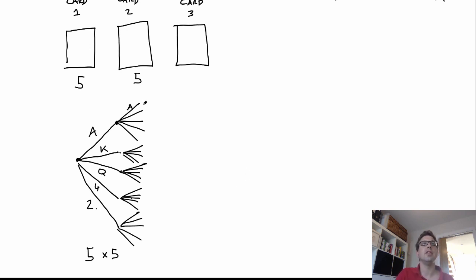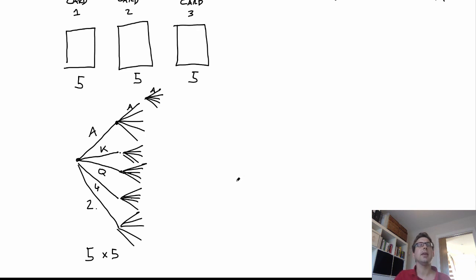Then within each of these branches, so that gets me to the second card, and now I can think about the number of things that could happen for the third card. Again, for each leaf of this tree, I get a further branching and get a further 5 cards. So for, say, the outcome where I get an ace and an ace, there are 5 further things that, with equal likelihood, could happen to the third card.